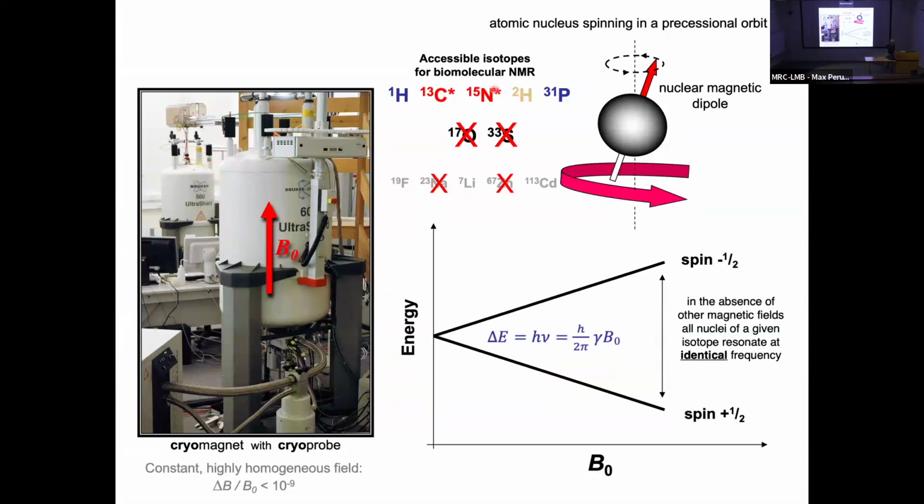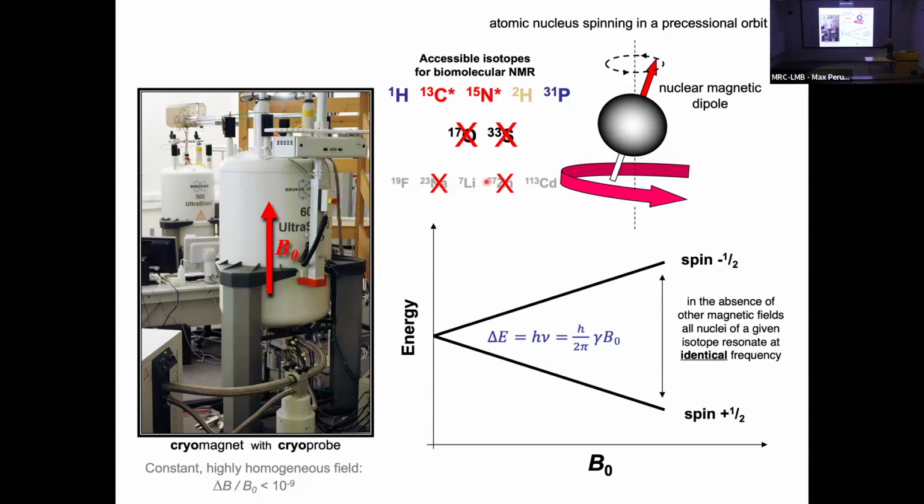So these are the most common nuclei that we look at. There are no NMR active isotopes that are easy for us to look at for oxygen and sulfur. There are various ions, such as sodium and zinc, that also don't have a spin-half nucleus, but we can use ionic surrogates for that.